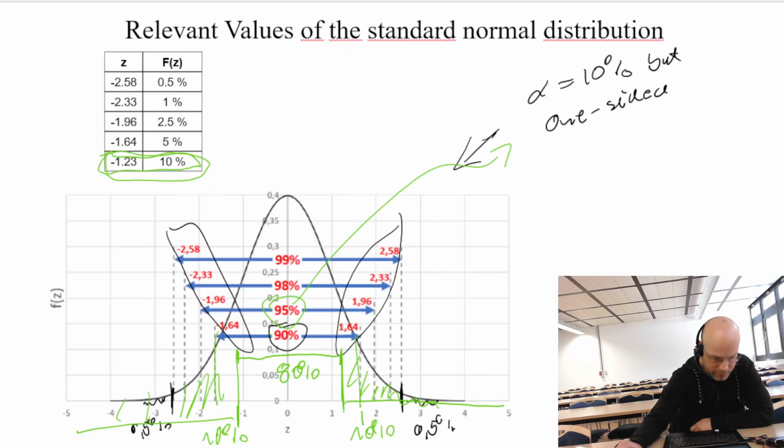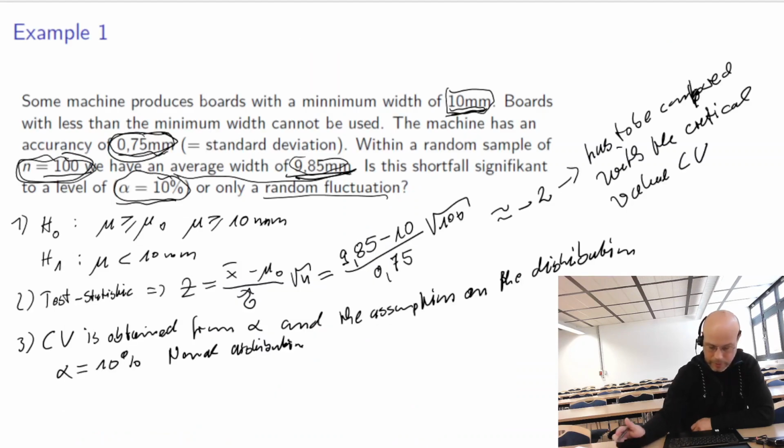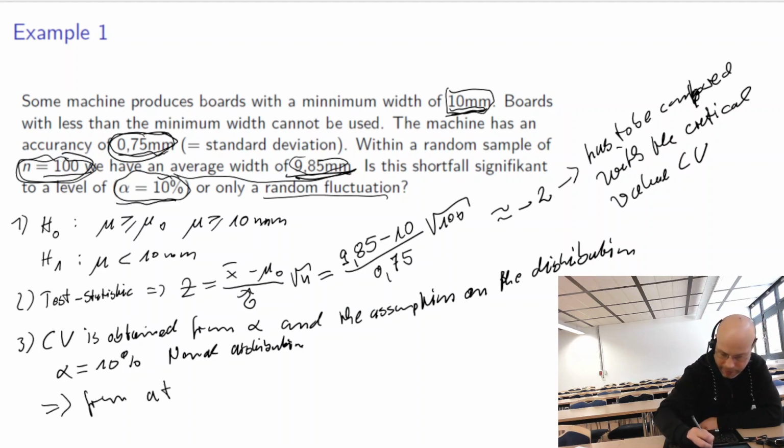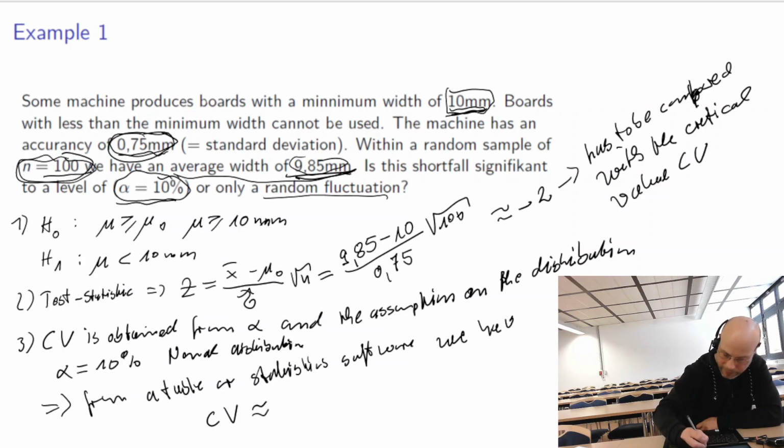So then we move to our example. Then we know from a table or statistics software, we have CV roughly minus 1.32.